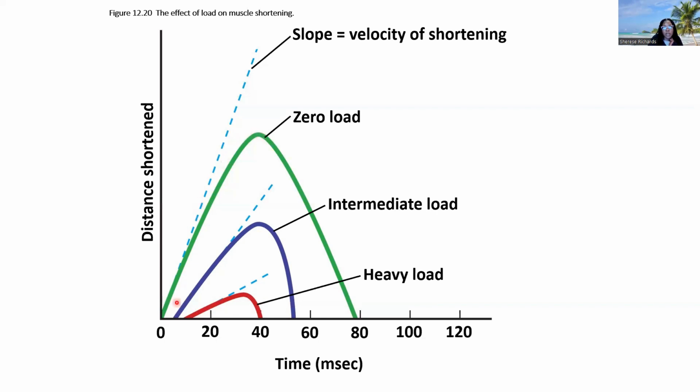Notice that for a zero load, the velocity is going to be higher. It's going to be a greater slope. And then for a heavier load, the velocity is going to decrease as that slope decreases. Okay, so just to compare how the latent period changes, the duration of contraction changes, and the velocity changes as the load goes from zero to a much heavier load.